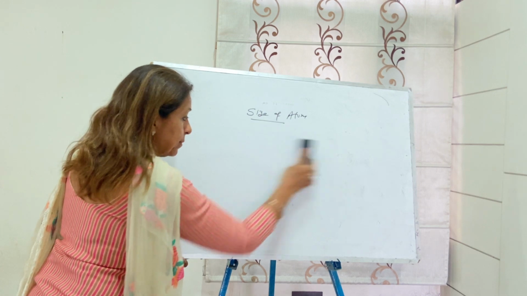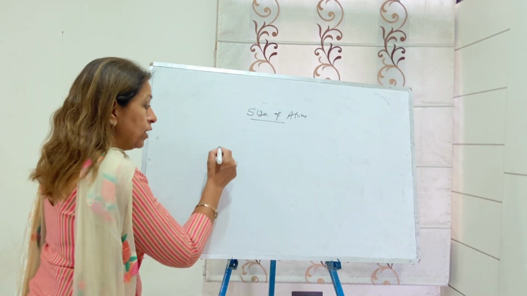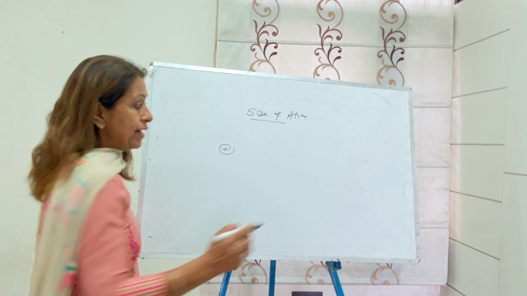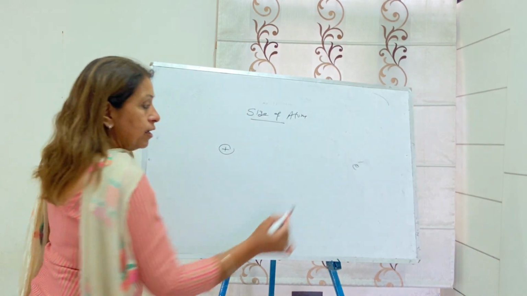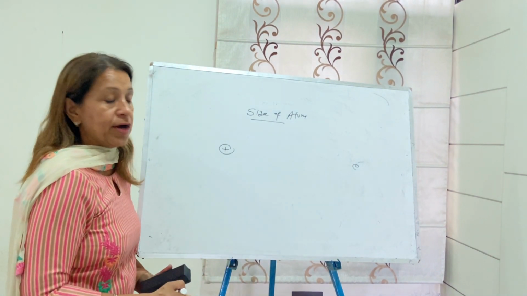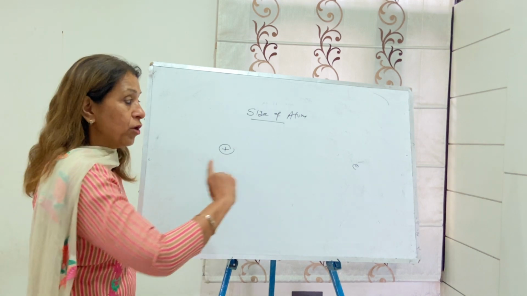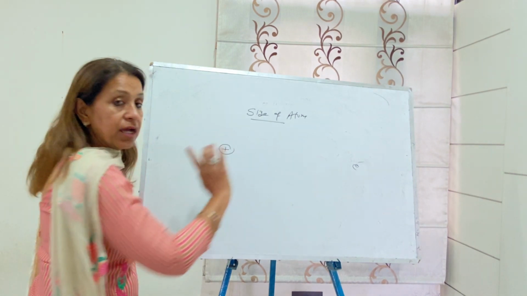I am taking one example. Let this be a nucleus, and let the electron be very far away. Now students, when the electron is very far away, there is no attraction and no repulsion between the nucleus and the electron.